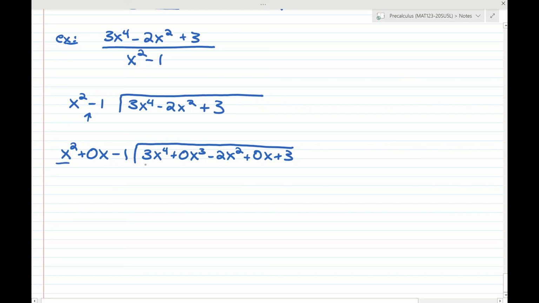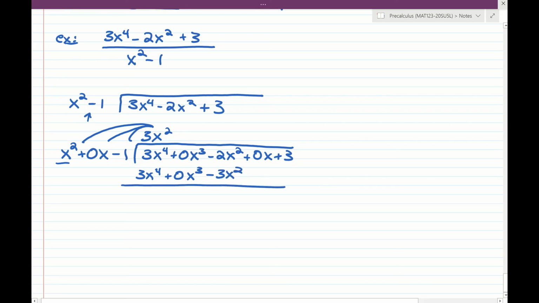x squared times what is x to the 4th? The answer is 3x to the 2nd. Now we're going to multiply by our divisor. 3x to the 2nd times x to the 2nd is 3x to the 4th plus 0x to the 3rd minus 3x to the 2nd. We have to subtract.